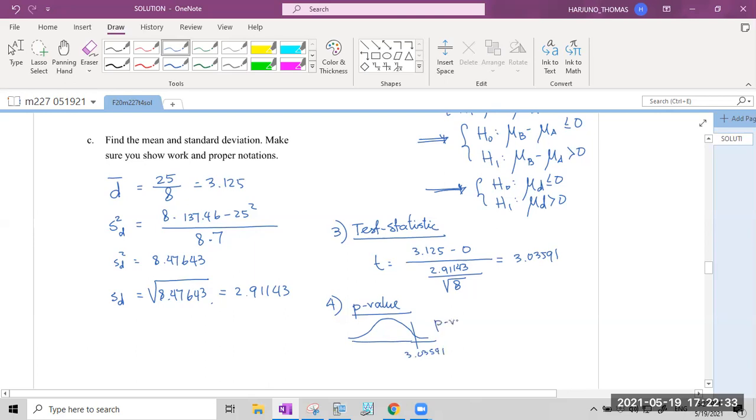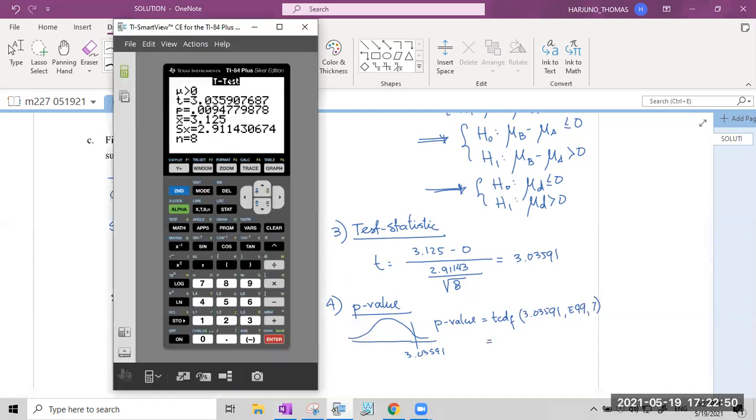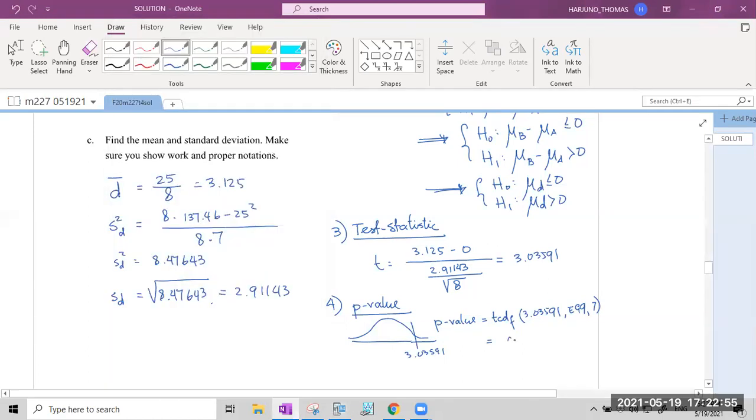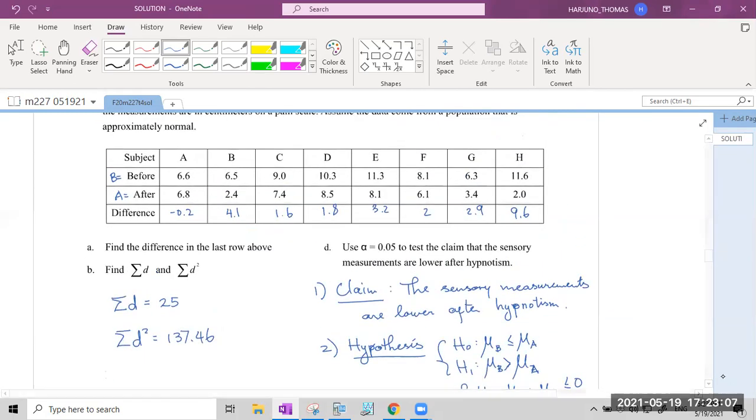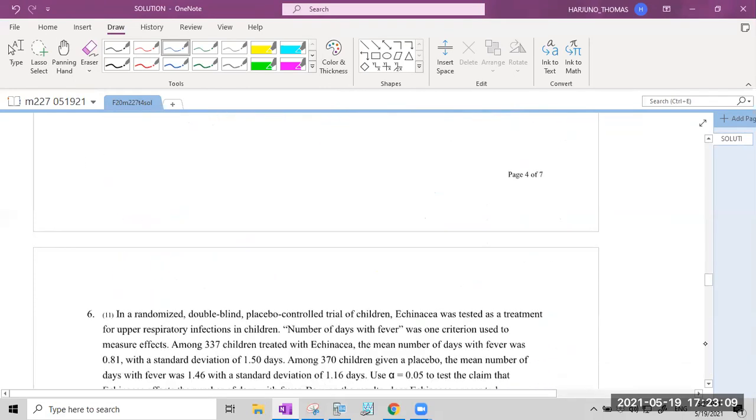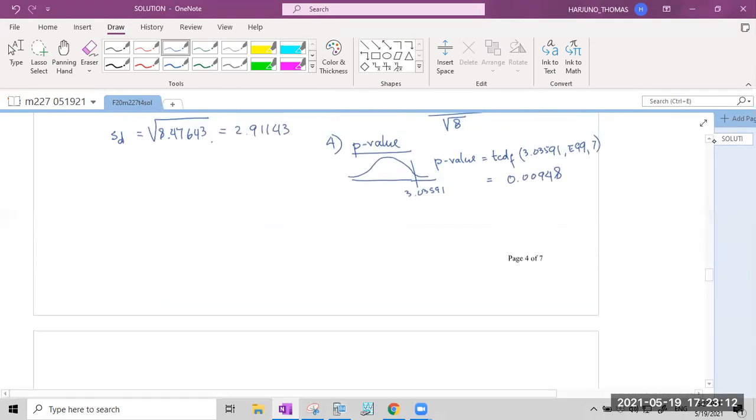So the p value is TCDF of 3.03591 with degrees of freedom 7, and we have the p-value here, 0.00948, which is less than 1%, right? What is the alpha, by the way? 5%, as I remember. The alpha is 5%. So let me do it here.